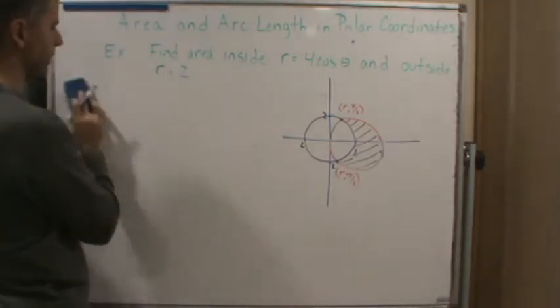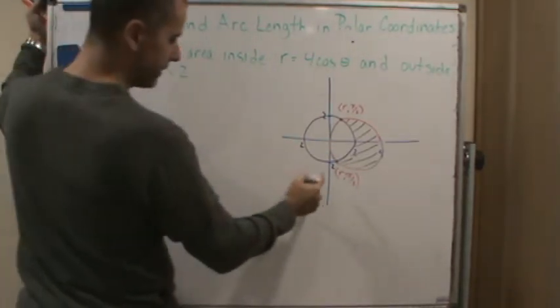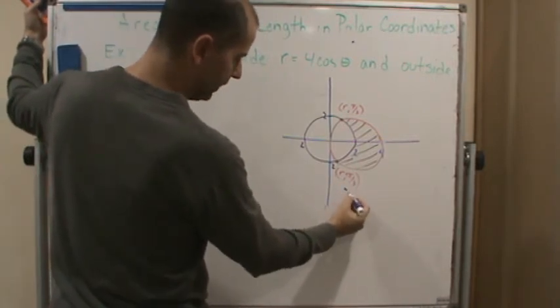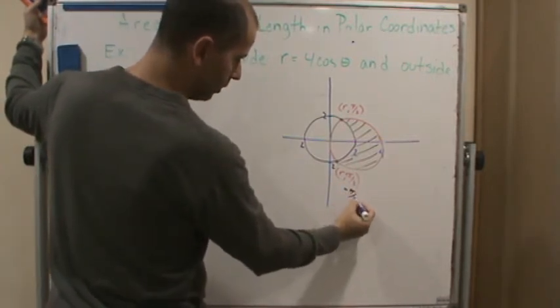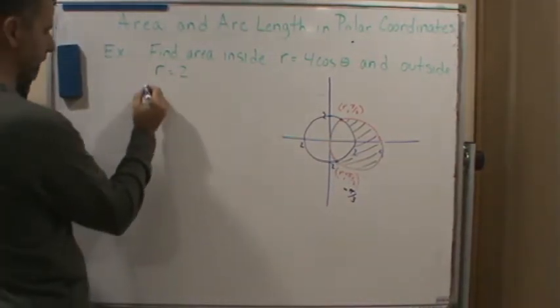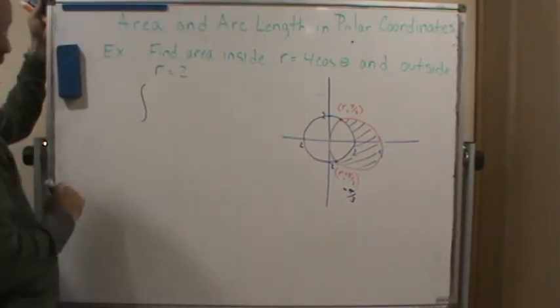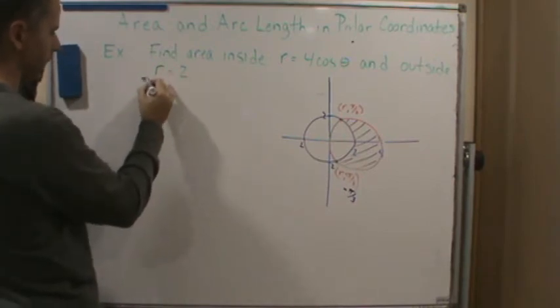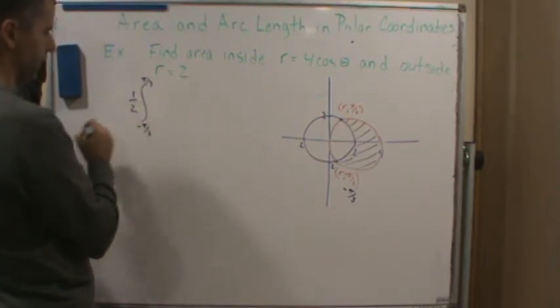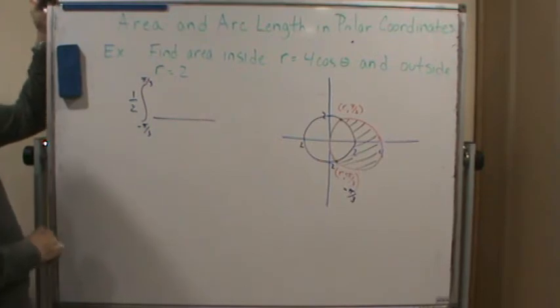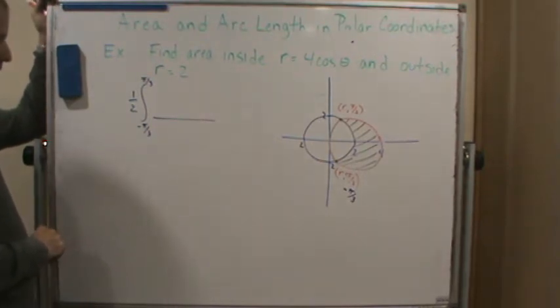Another way we could do it is we could say, okay, well, 5 pi over 3 is the same as negative pi over 3. So we could set up the integral to go from negative pi over 3 to positive pi over 3, and then put in our functions.